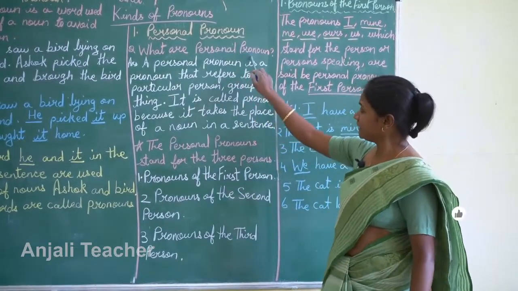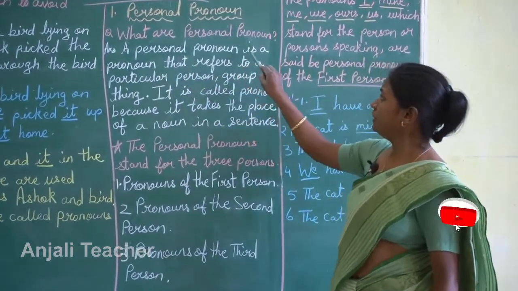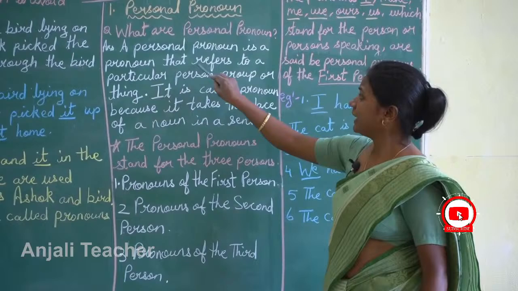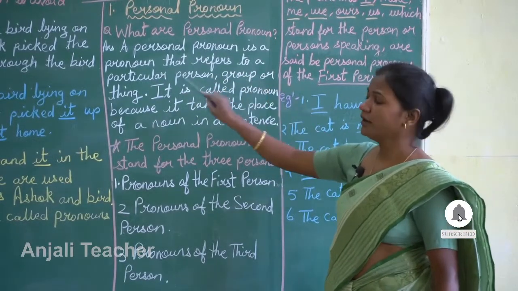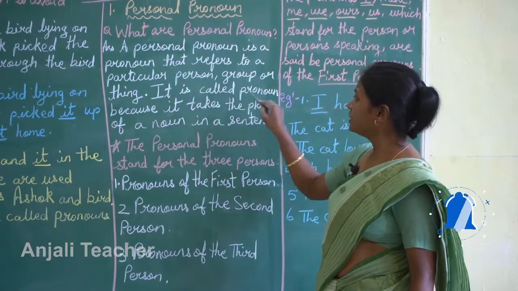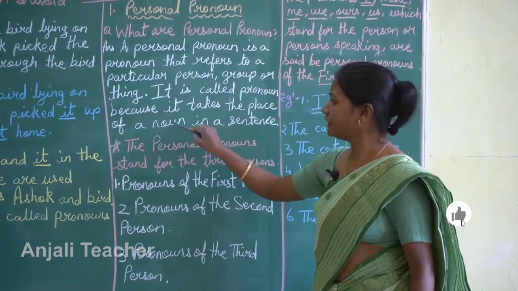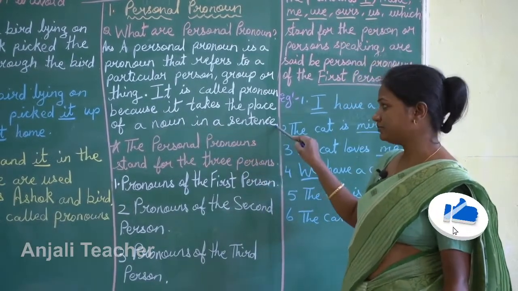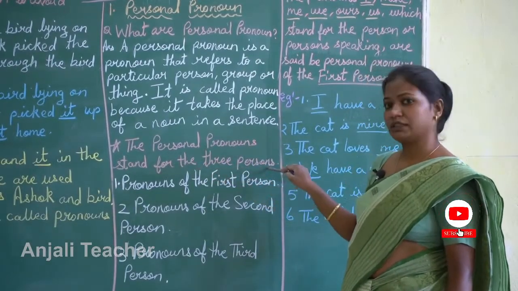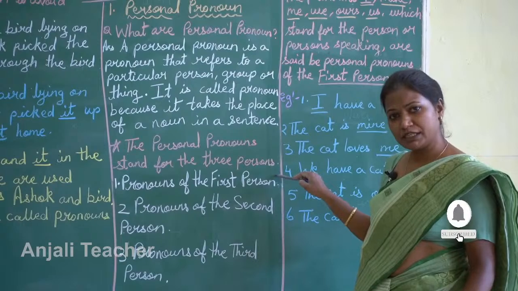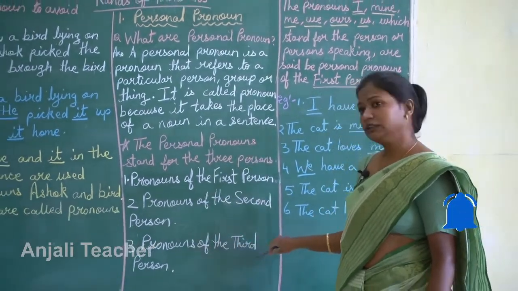Now the personal pronouns stand for the three persons: pronouns of the first person, pronouns of the second person and pronouns of the third person.